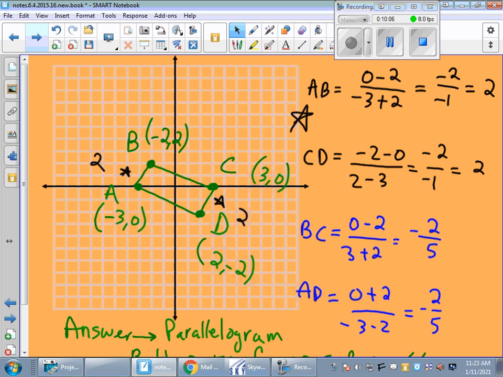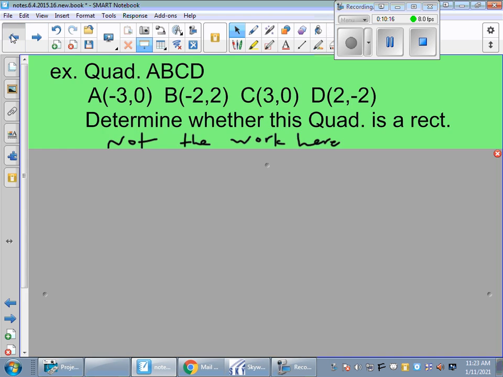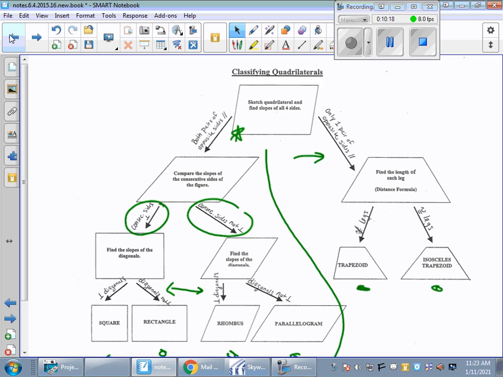And then you can see we found BC slope of -2/5, and this slope is -2/5. So with that information there, you go back to the flow chart, and what do you see? So right here, both pairs of opposite sides are parallel. So that means we are in the left side of the flow chart. So now what do we do? The second part, we check this idea.